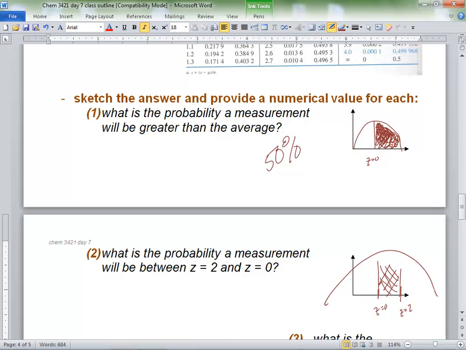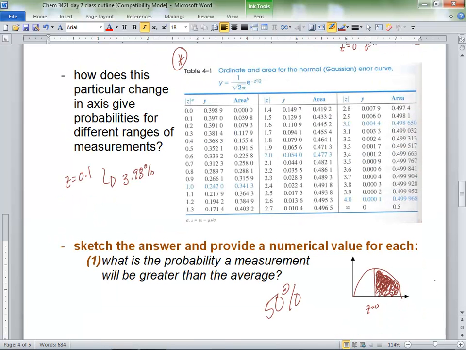But doesn't this perfectly match the definition of z equals 2? Because at z equals 2, that's the area between 2 and 0. That's how z is defined. So all you got to do is look in the table, find z equals 2, and get your answer. Oh, here it is. So the answer would be what percent? 47.73%.